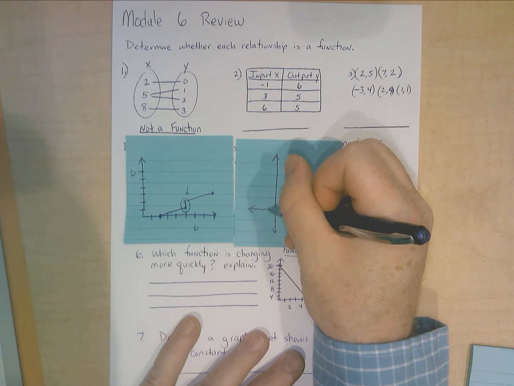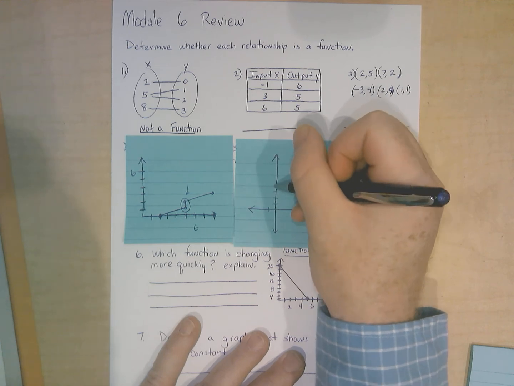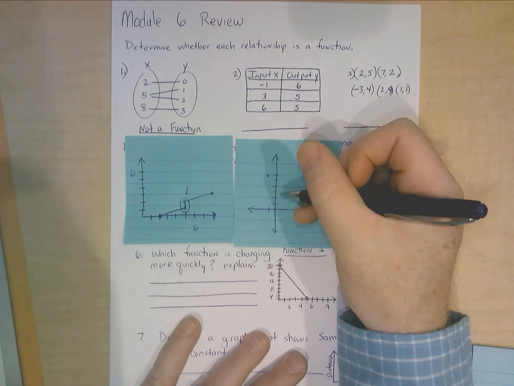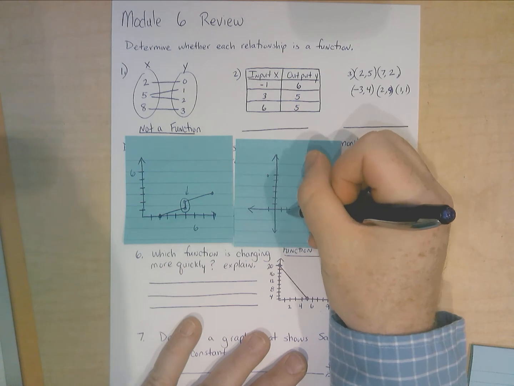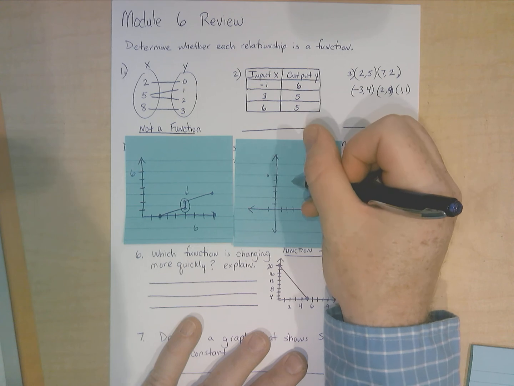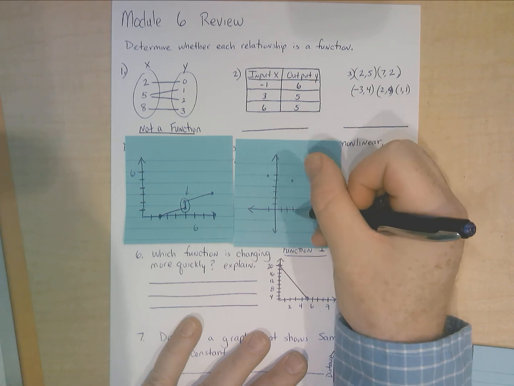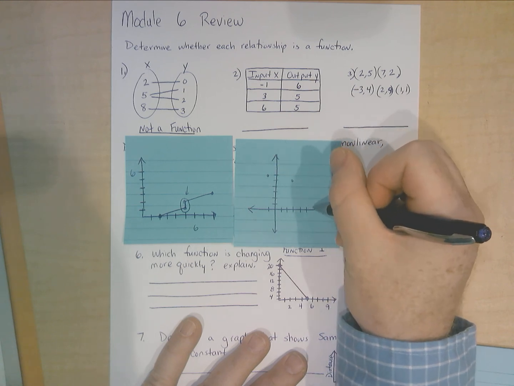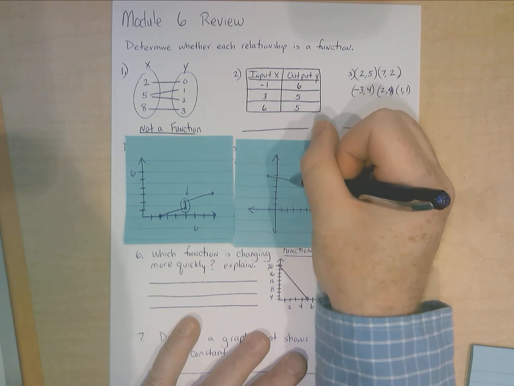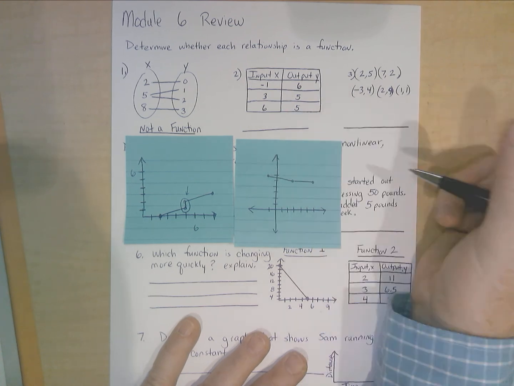So let's say this is -1. 1, 2, 3, 4, 5, 6. So -1, 6 is about here. 3, 5, and then 6, 5. So this function is going to look something like that.